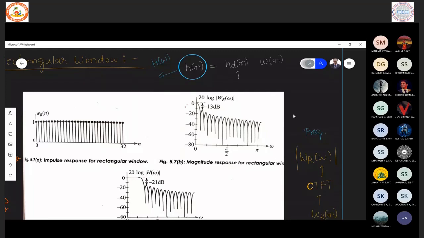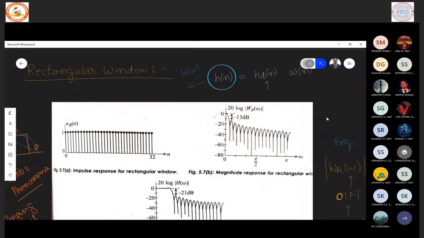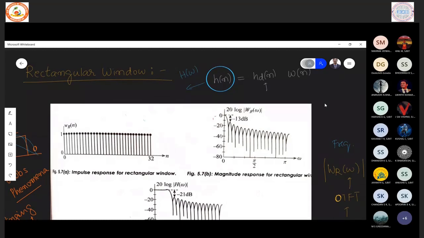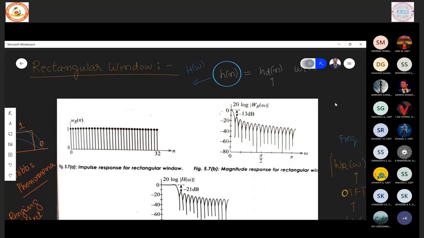Now the rectangular window is very simple because the window function is very easy. The window function is defined as WR of n equal to 1 between 0 to N minus 1 and 0 otherwise. So it's very easy, and multiplication by 1 anybody can do. It's an easy operation. But what is the disadvantage of the rectangular window? The drawback is that the difference between the main lobe and side lobe is not very high.